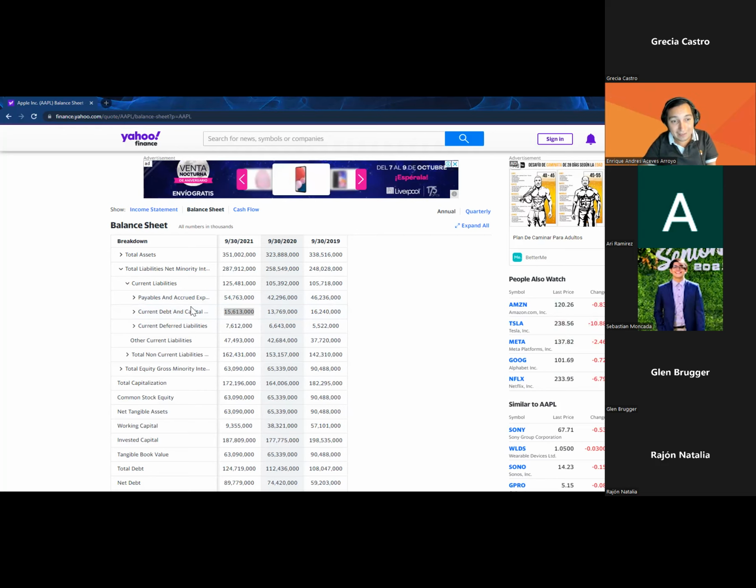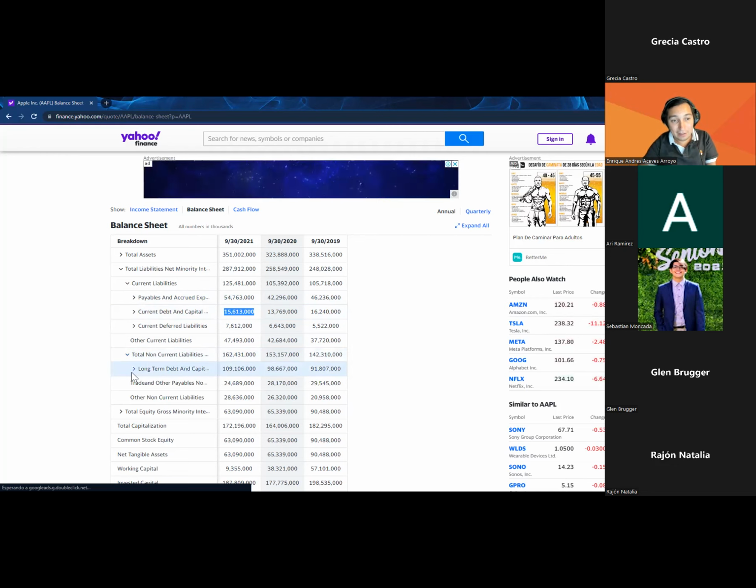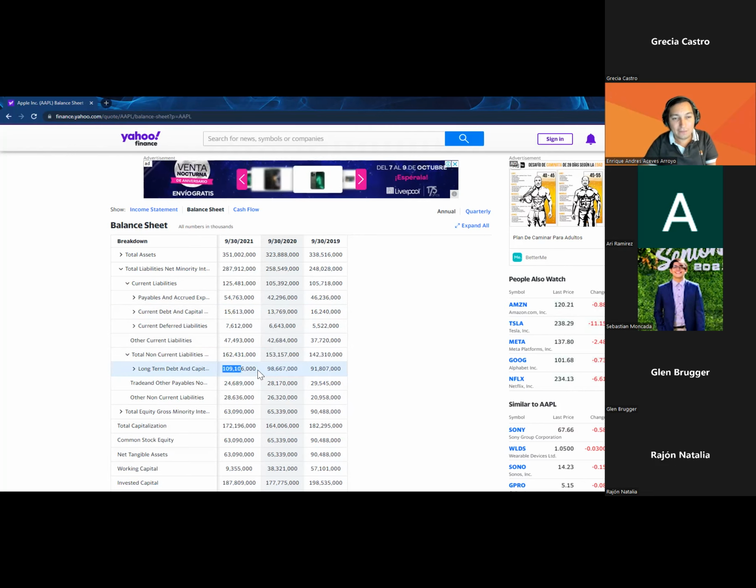And we also have the same element in the long-term liabilities. As you might see, most of the long-term liabilities are debts. It's very hard to have a supplier that is long-term. You might see the case, but it's very hard to see something like that. So we have this total amount.